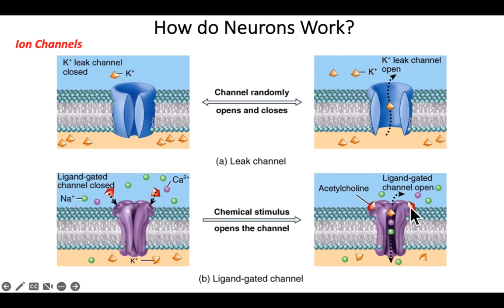And when acetylcholine attaches, it opens the channel, and it's moving, it looks like calcium and sodium, through the channel. So the key here is to remember ligand means chemical. And usually that chemical is a neurotransmitter. When we were studying the neuromuscular junction, the acetylcholine receptors on the skeletal muscle were ligand-gated channels.